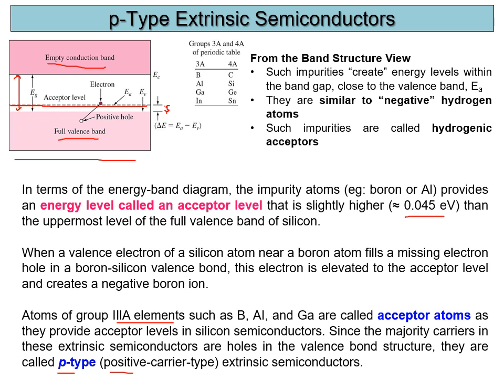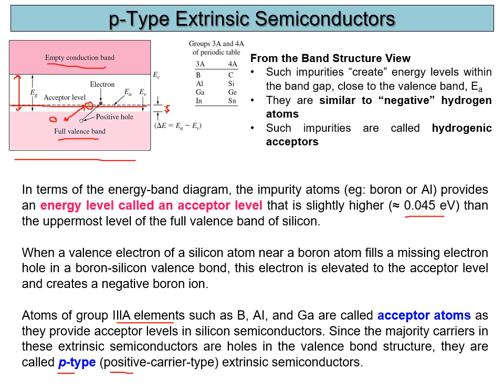So when the electric field is applied, at T much higher than 0 Kelvin, there is a hole in here provided by boron, aluminum, or gallium, and then an electron from the full valence band will fulfill the missing electron, or fill the hole, so it will create another hole in here.